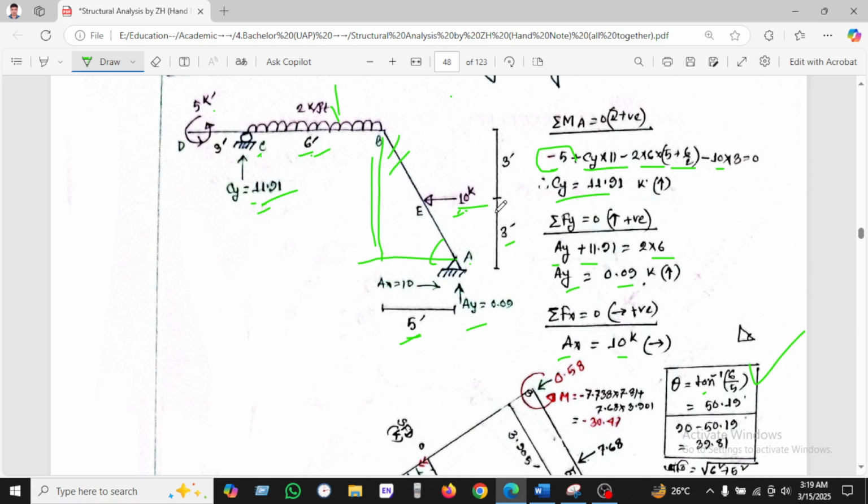Theta is from the length, which we have found as 6, here is 6, and this is the height, and this is the length 5, and we found the theta is 50.91. This is the theta.